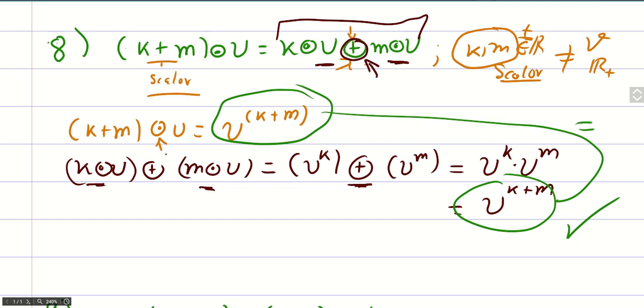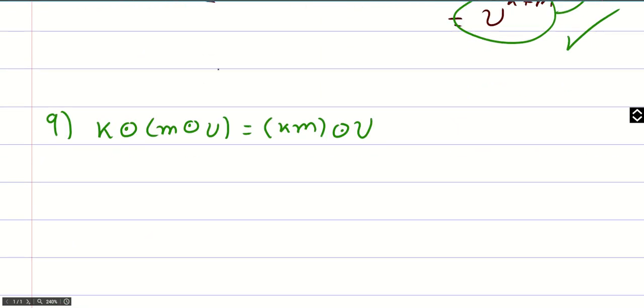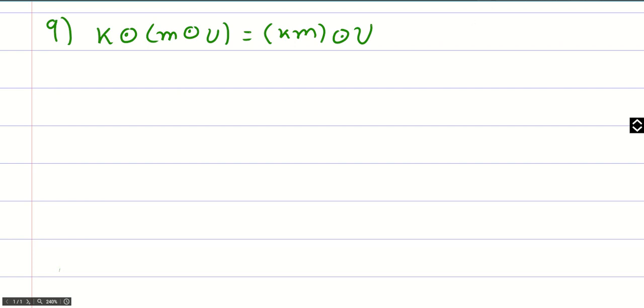So yes, this axiom is satisfied in this space. Here the same happened. Here this corresponds to scalar numbers, so they obey the usual multiplication, not the multiplication of the space. So you need to be careful.